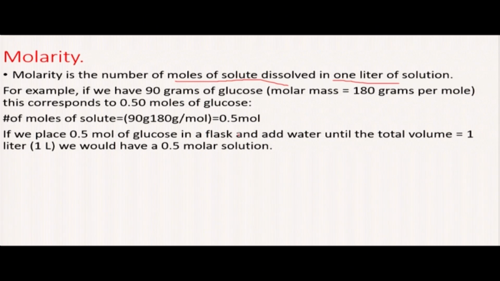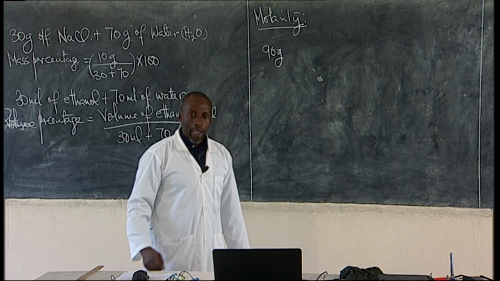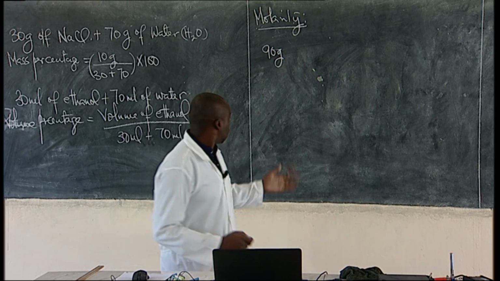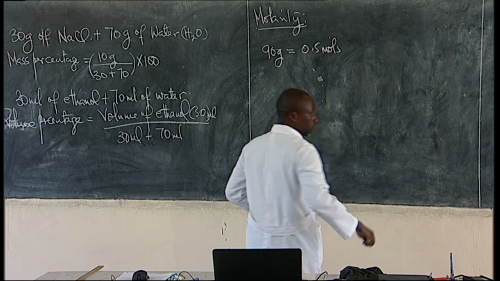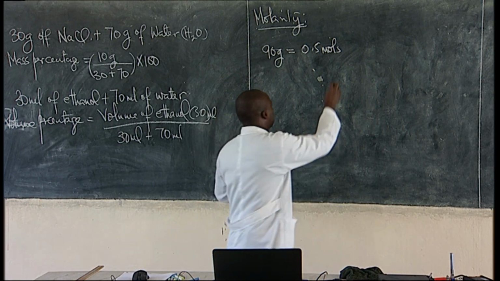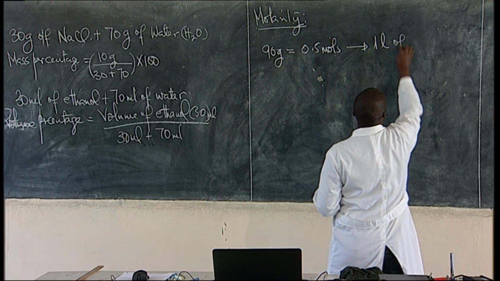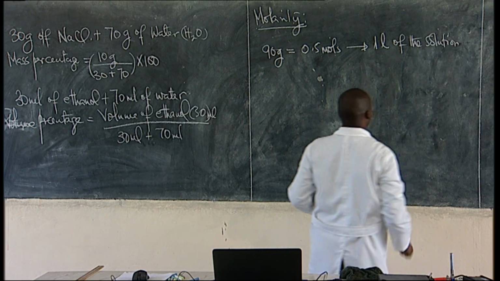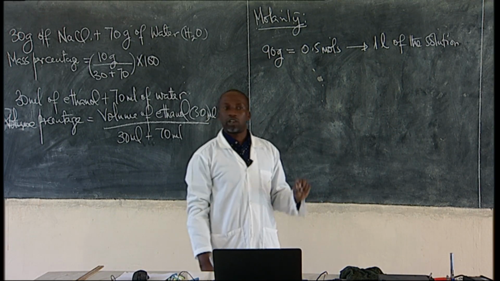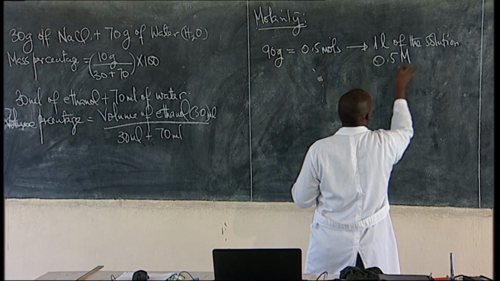If you weigh exactly 90 grams, this is equal to 0.5 moles, and then you add this into 1 liter of the solution. This solution is labeled as 0.5 molar.